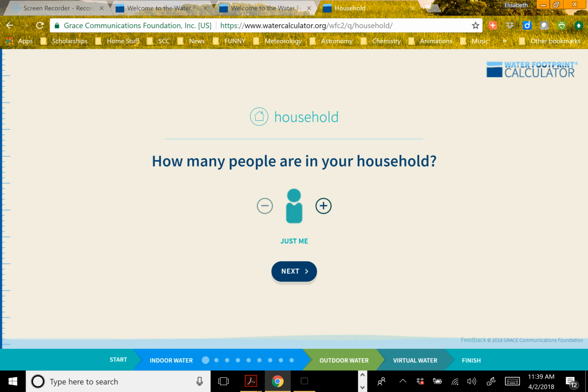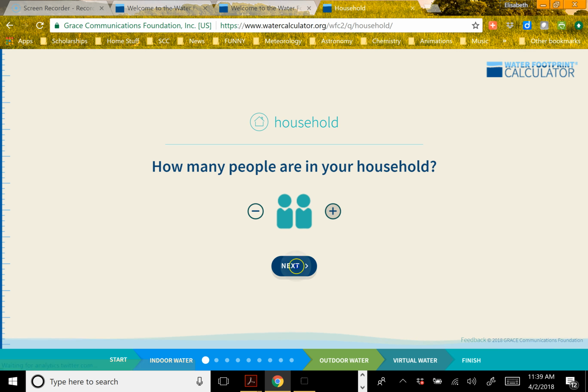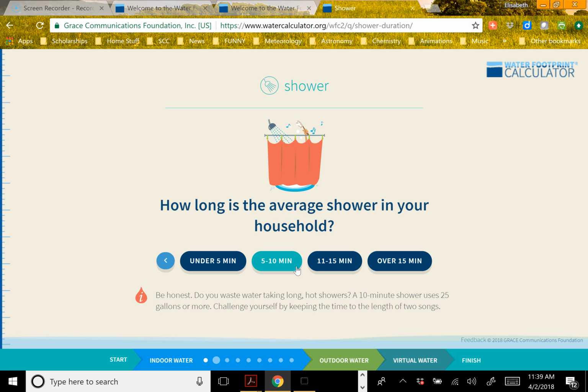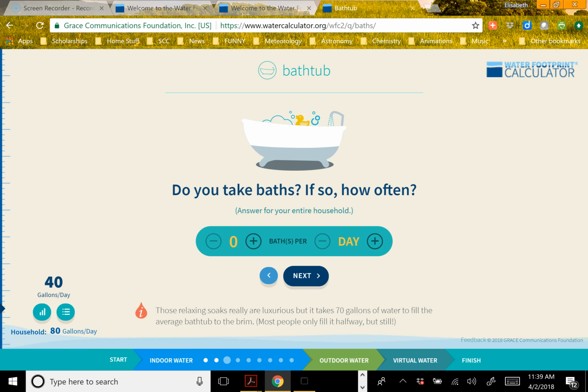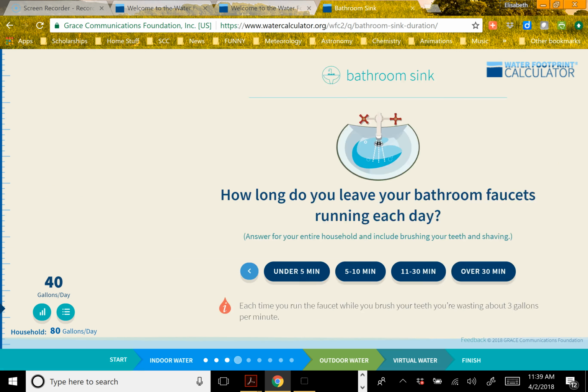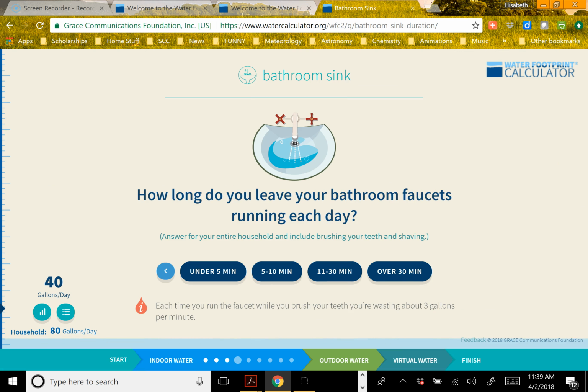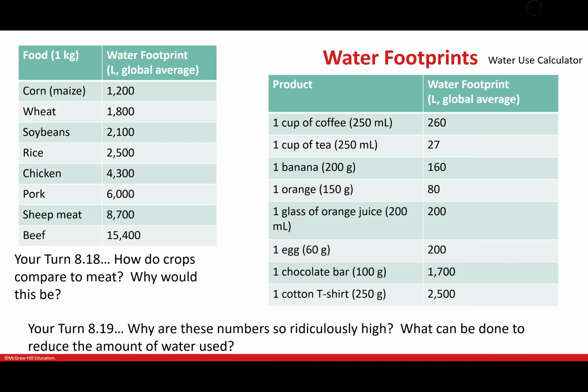I don't know. Then it asks how many people are in your household, then about the showers, low flow, and I didn't get through the whole thing, but it will give you how much water you use. So I'll push that out there. Or your water footprint, which probably will not be good.